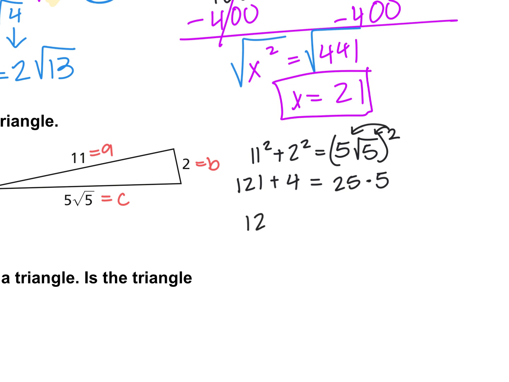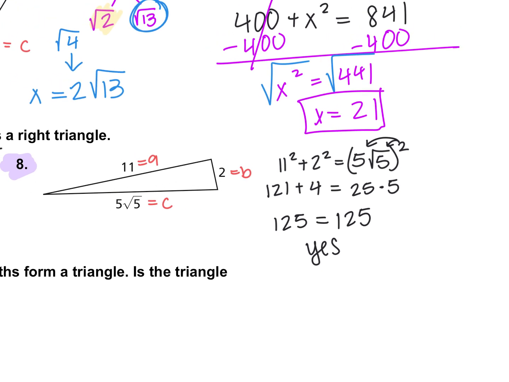So now I have 125 equals, multiplying 25 times 5 is also 125. So is this a right triangle? Are they equal? Yes, they are. So this is a right triangle.